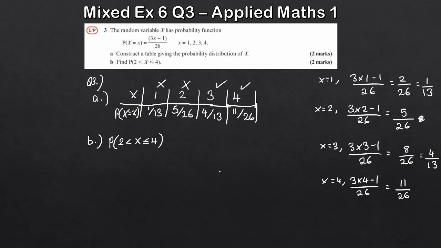In other words, we just need to add up 4 over 13 and 11 over 26. If you're doing this via calculator, you could write that as 8 over 26 plus 11 over 26 to give you 19 over 26. And that's our probability there.